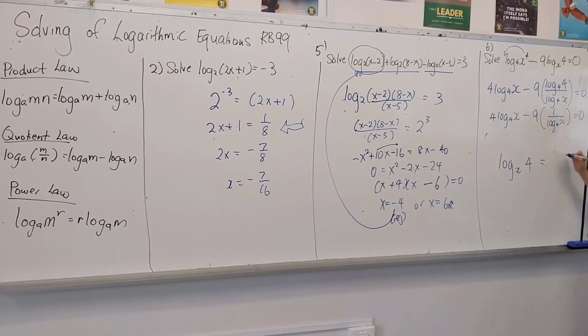Now, I want to change to log base what? I want to change to log base 4, right? So, according to the change of base, what must be here? The big number, right? And then x, right? I know that log base 4 is 1. And then this one can't change anymore.